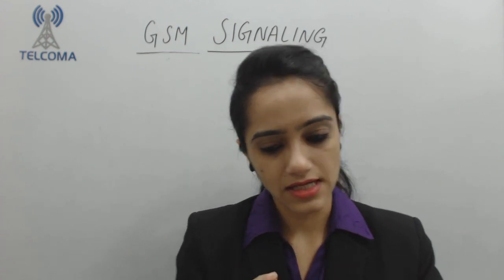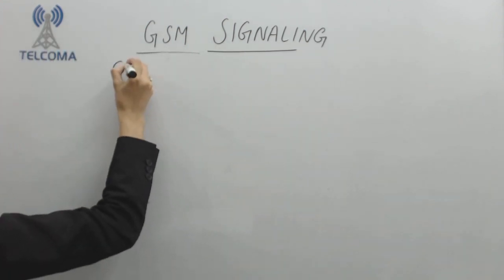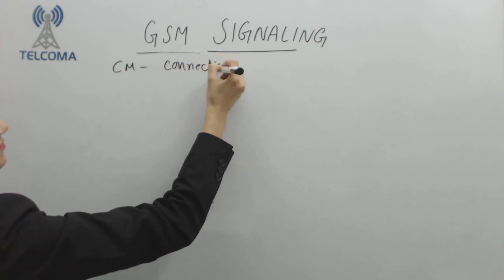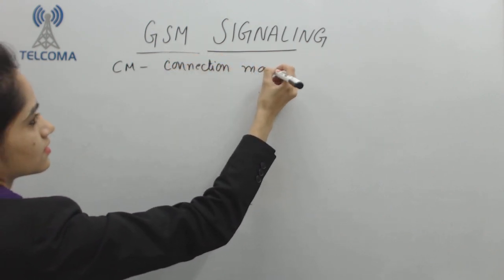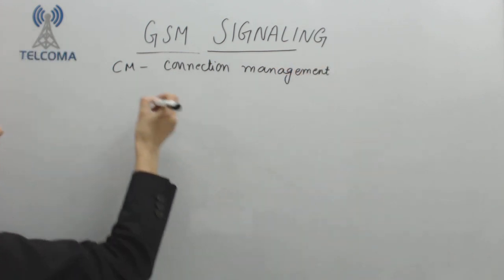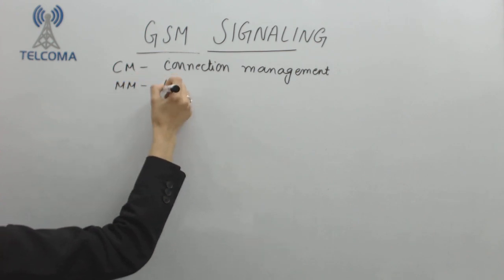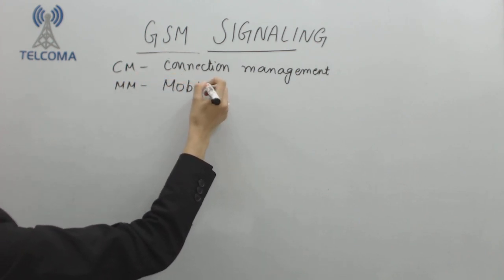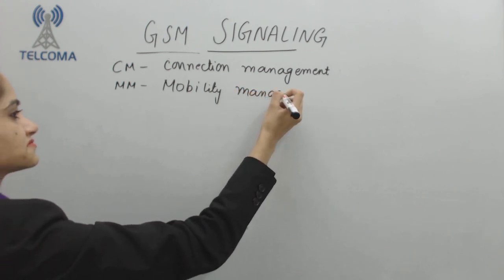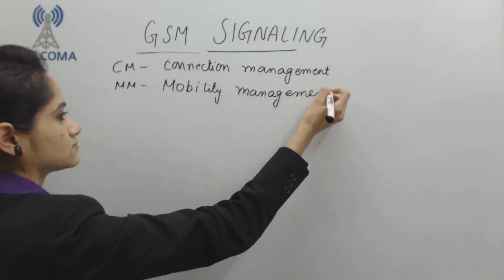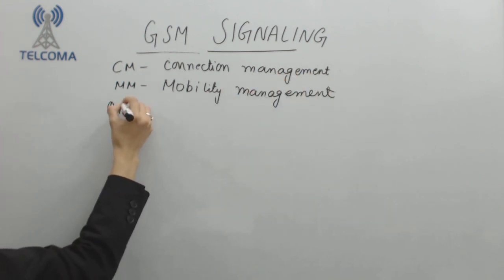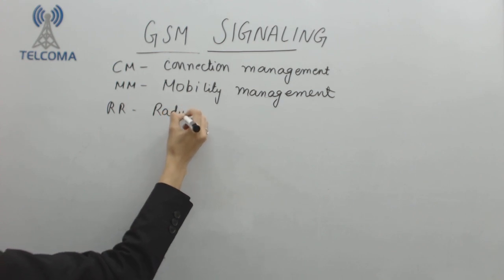Now first is CM, which is connection management. We have MM, which is mobility management. Now we have RR, this is radio resource.